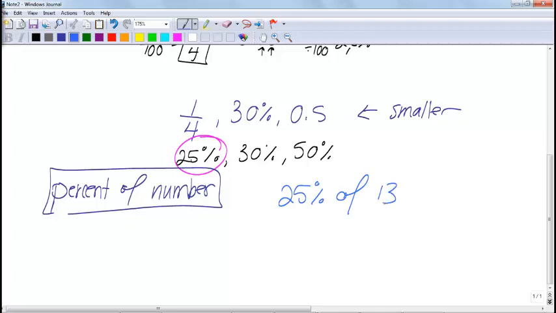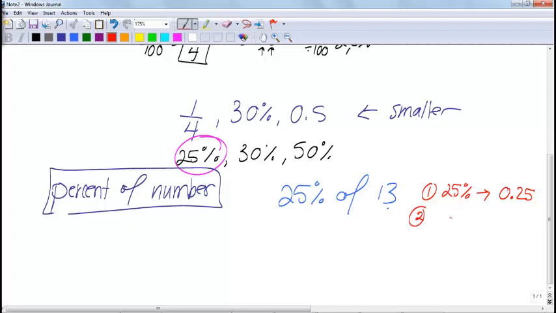So I want to know what a quarter of 13 is. Now, it's easy if you're finding out what 25% of maybe 100 is, but when the number is something like 13, it's a little bit more challenging. So to solve this, step number 1 is you change the percent to a decimal. In this case, I'm going to divide by 100. So 25% is the same as 0.25.